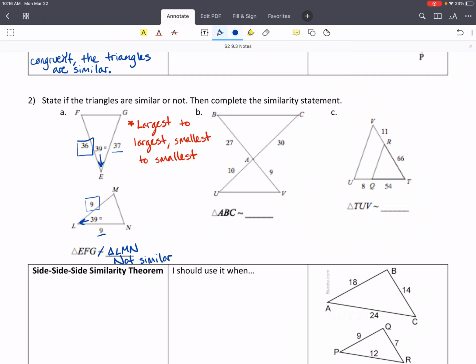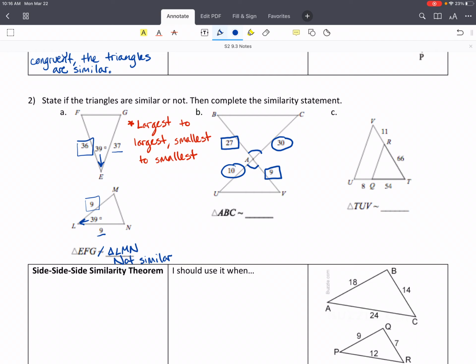Okay, part B. I have a set of vertical angles, which is great. So now I just have to look at the side lengths. Well, 27 is the smaller side of the top triangle, and 9 is the smaller side of the bottom triangle, and then 30 is the bigger side of the top triangle, and 10 is the bigger side of the bottom triangle.